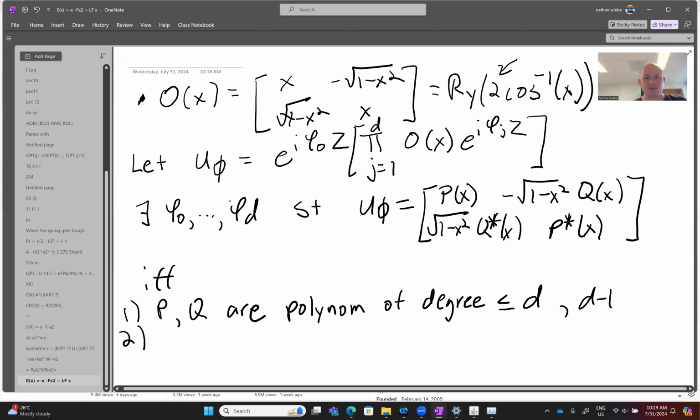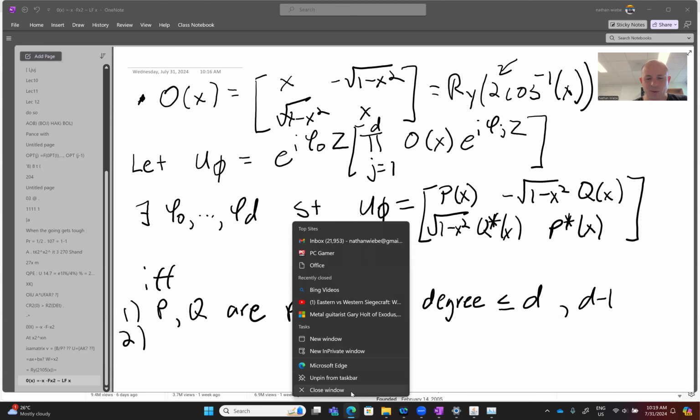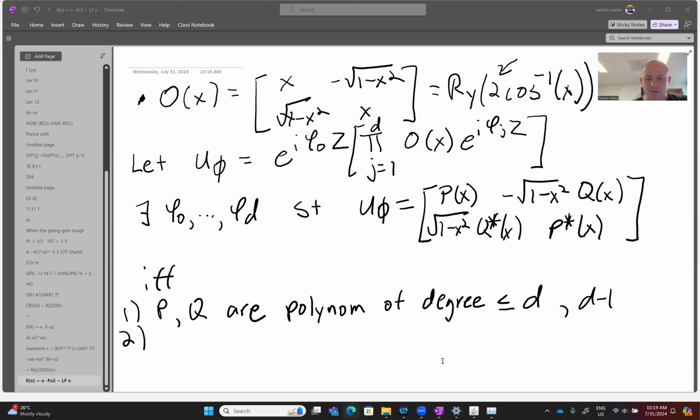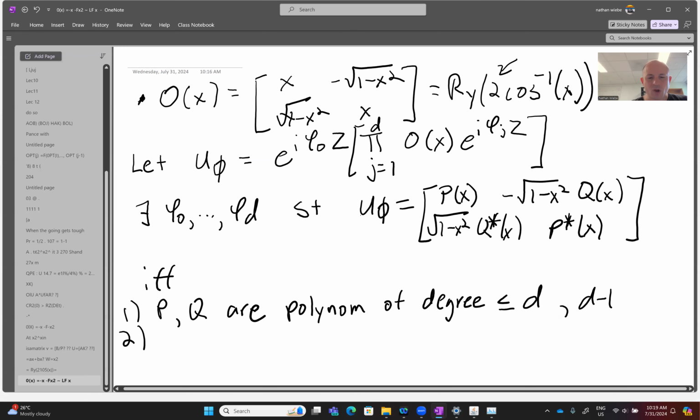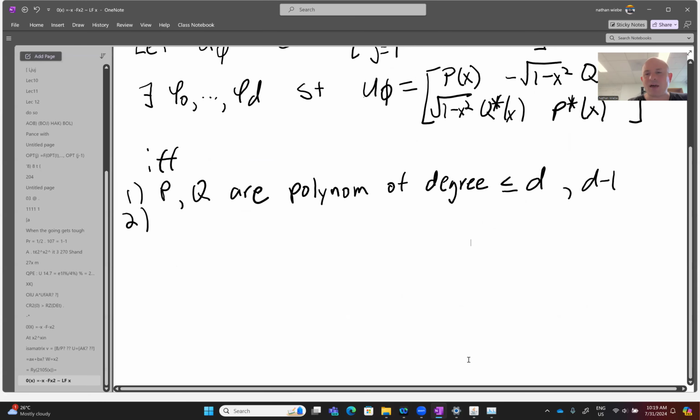Second thing that we end up needing, let me just close this stuff down so I don't run into memory problems. Okay. There we go. The second thing is that P and Q have definite parity: if P is even, Q is odd, and vice versa.